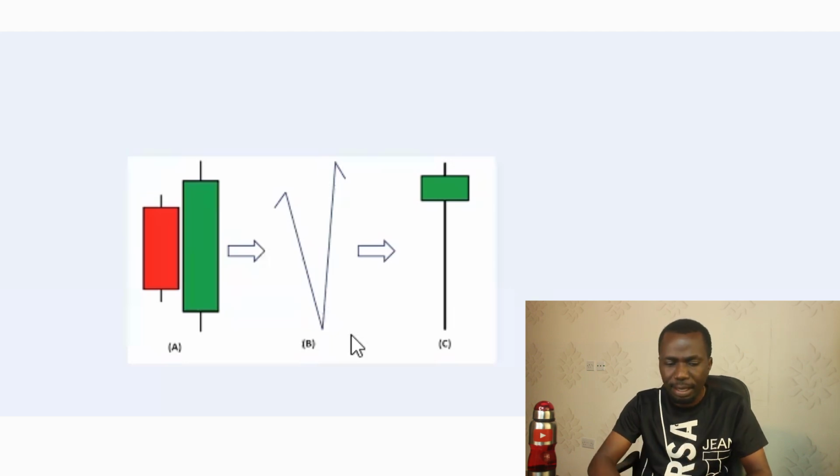So after that, we are now going to move into the next one, which is the morning star. The morning star is a 3 candle bullish reversal pattern that forms after a decline in price. So a morning star tells us that the sellers are exhausted and the buyers are momentarily in control of the market.